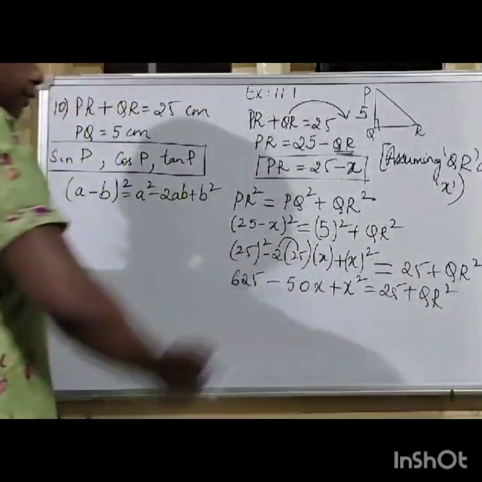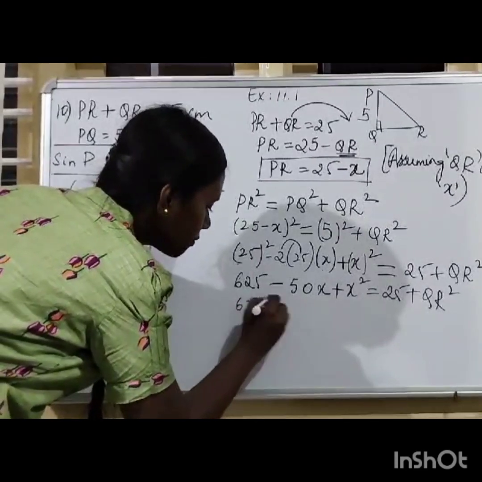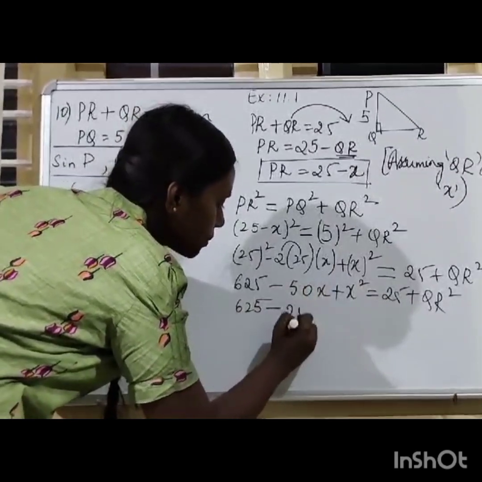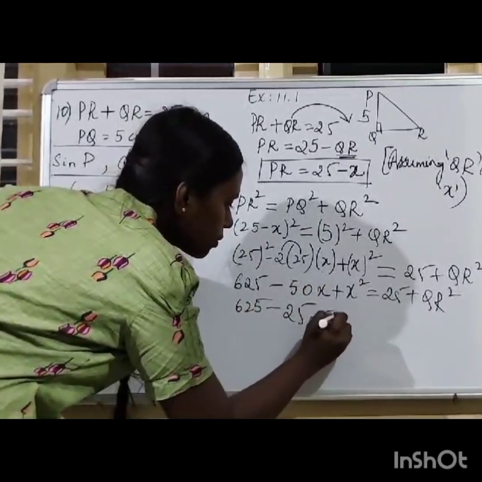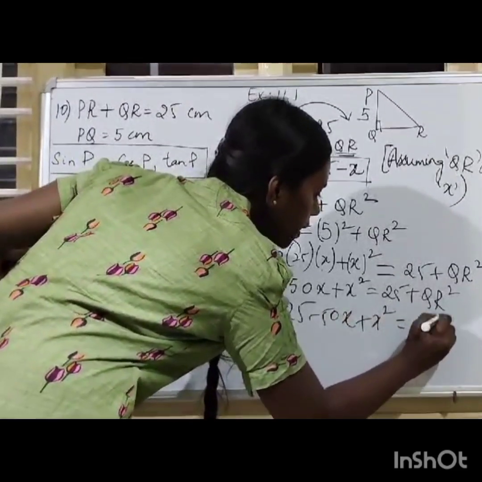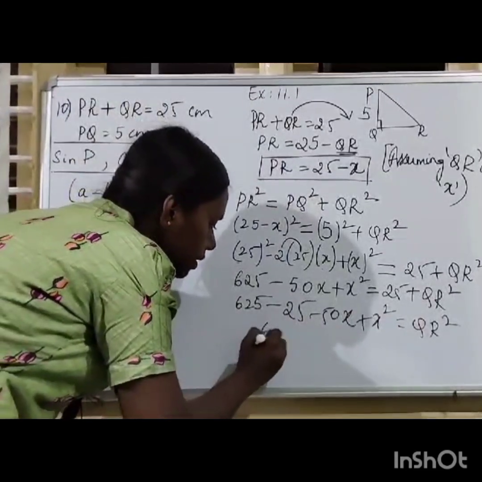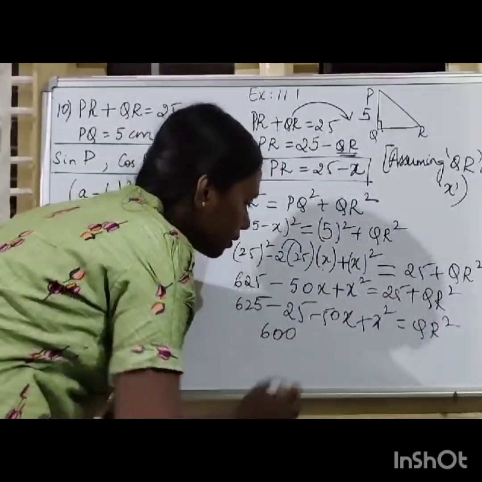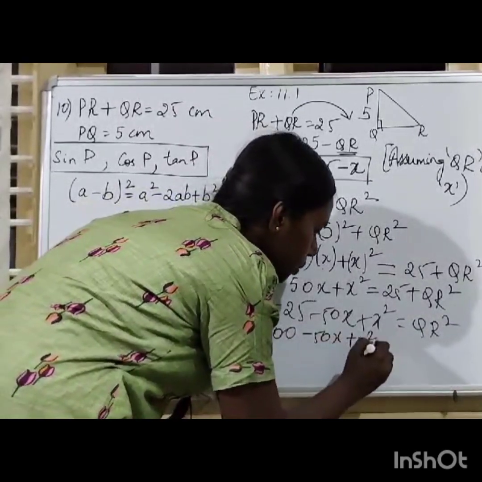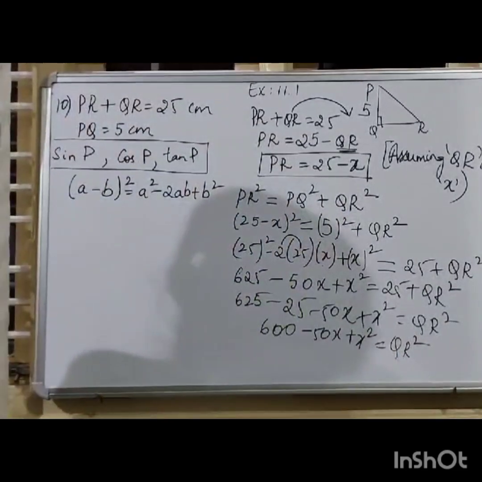Let us get 25 to this side. We'll get 625. This minus 25 comes here, becomes minus 25. Minus 50x plus x square is equal to QR square. 625 minus 25 is 600, minus 50x plus x square is equal to QR square.